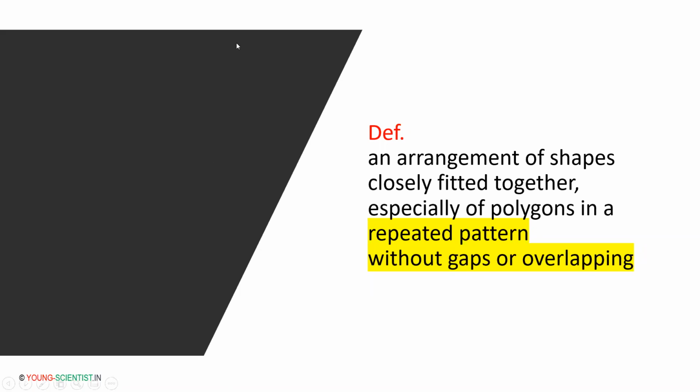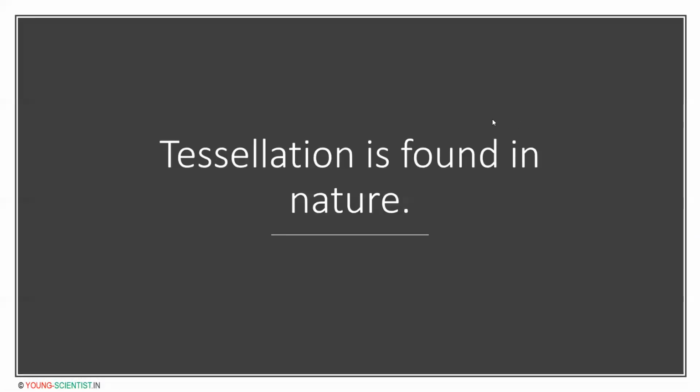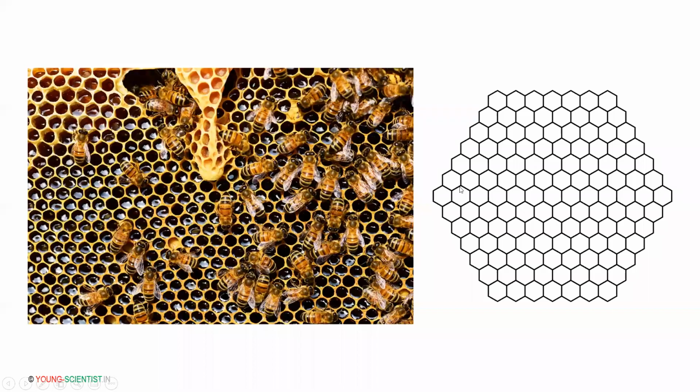Can you guys give me an example of the tessellation pattern in nature? Yeah, very nice. A mosaic or a beehive. I cannot think of any flower that has a tessellation pattern, but yes, the beehive is the best example of a hexagonal tessellation pattern found in nature.